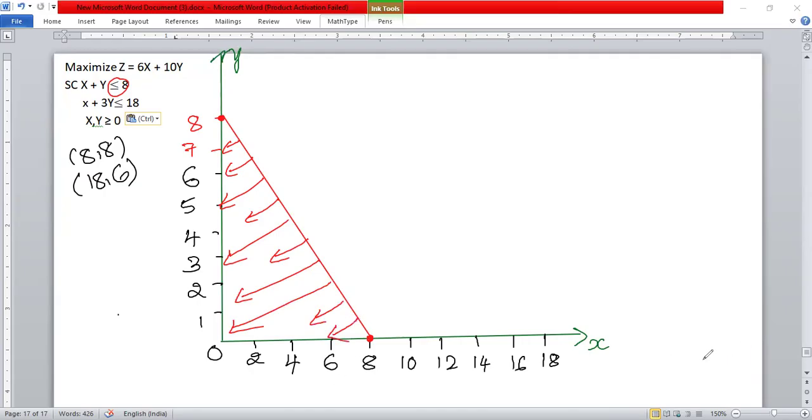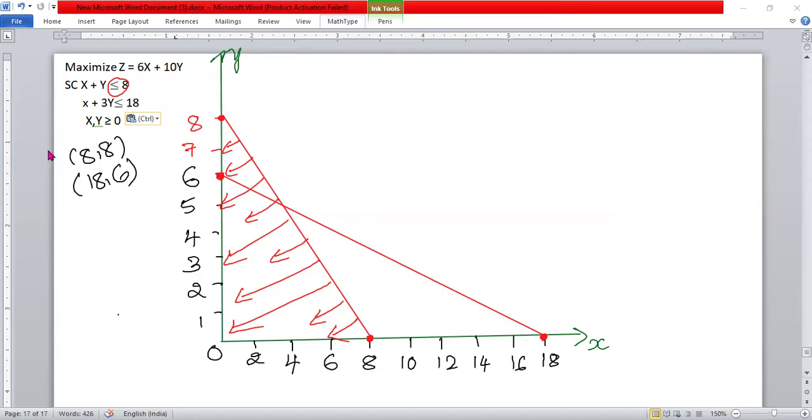Okay. Second one, 18 comma 6. Look at this here. So 18 comma 6. Fine.